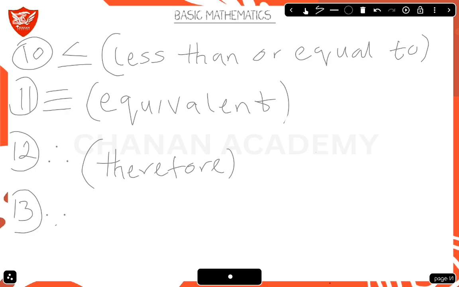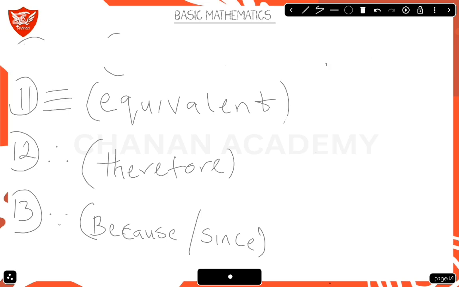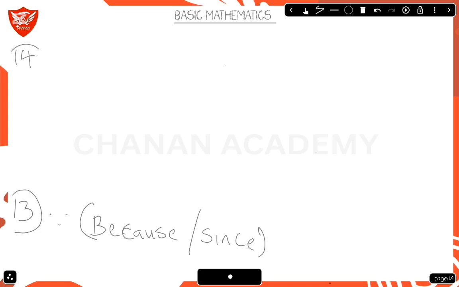So there are 3 dots. It means because or since. Okay, let me clean it up. The fourth thing is this symbol.